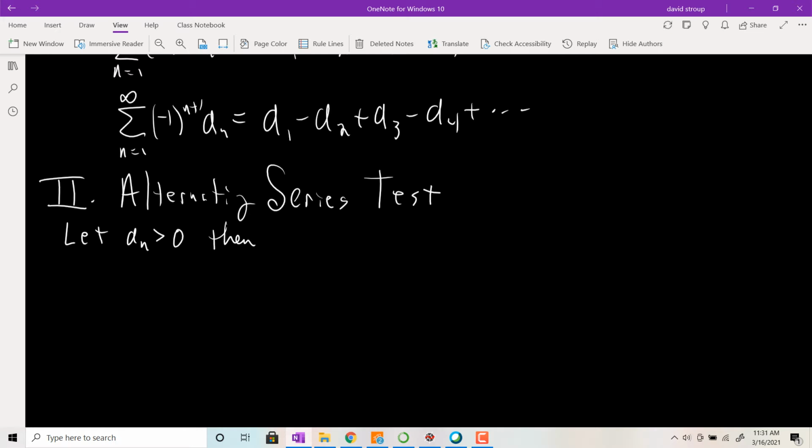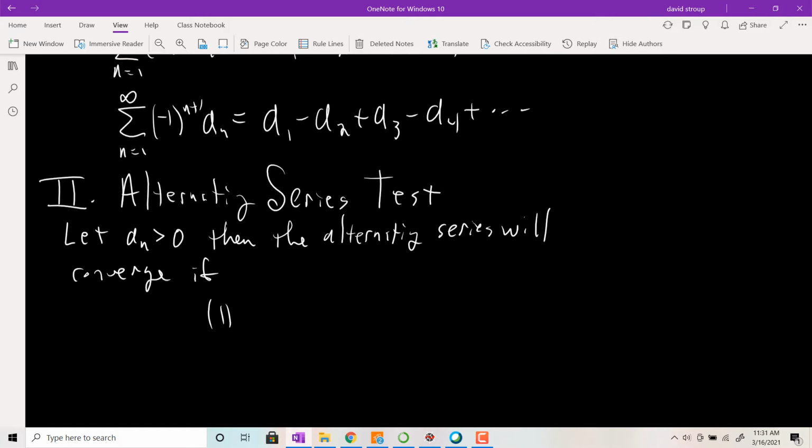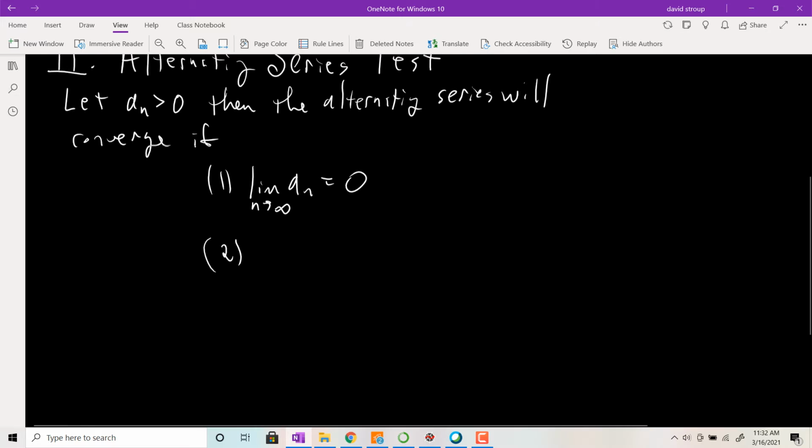If that's true, then the alternating series will converge if the following two criteria are both fulfilled. First off, the limit of that a sub n portion has to equal 0, as n goes to infinity. And then secondly, you have to show the a sub n terms are monotonic.